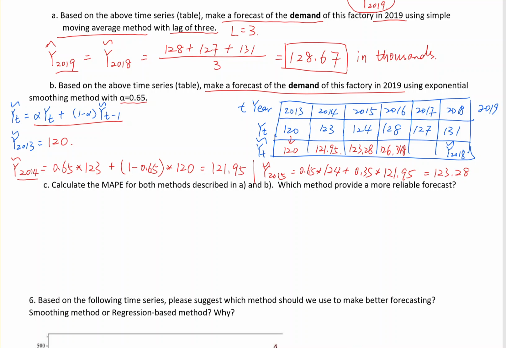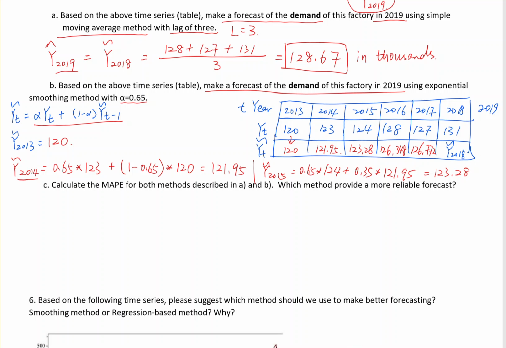And then what about 2017? It will be 0.65 times 127 plus 0.35 times 126.348. If you calculate this, it will be 126.772. Finally, we can calculate the estimated value for 2018.